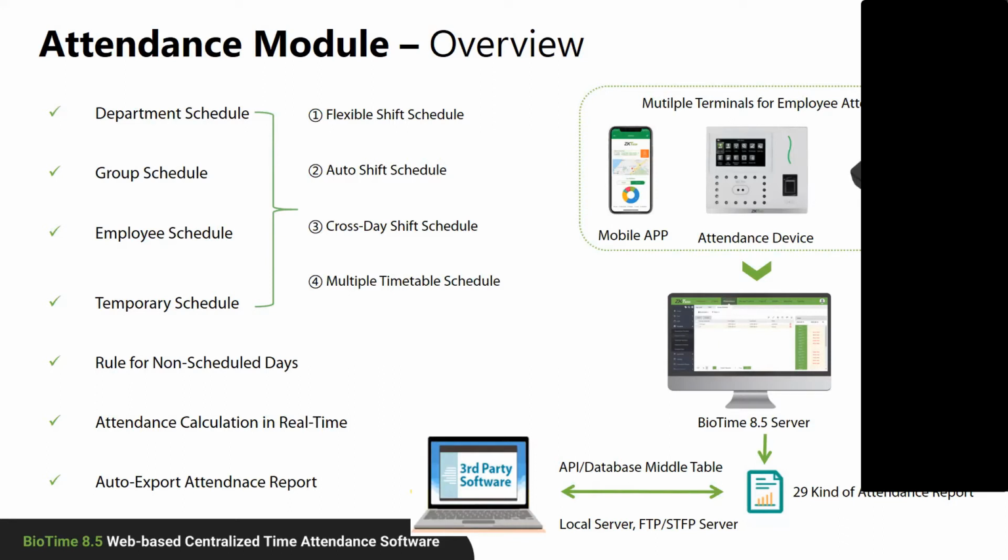So the admin user or supervisor can directly take out the report, with no need to do the calculations every time. Then we have the auto export of attendance reports, so main reports like total time card and daily attendance can be auto exported.